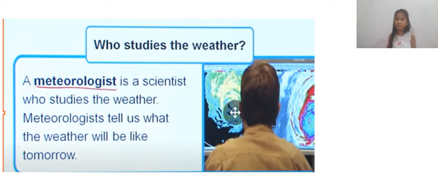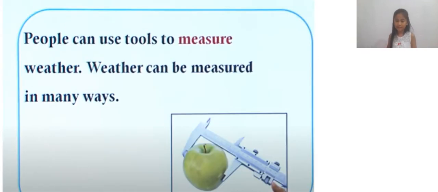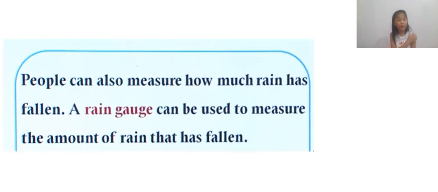So these meteorologists are very nice. People can use special tools to measure weather. Weather can be measured in many ways. People can also measure how much rain has fallen. A rain gauge can be used to measure the amount of rain that has fallen.